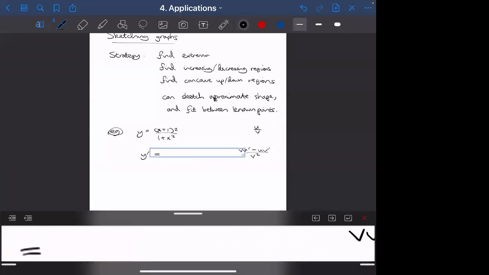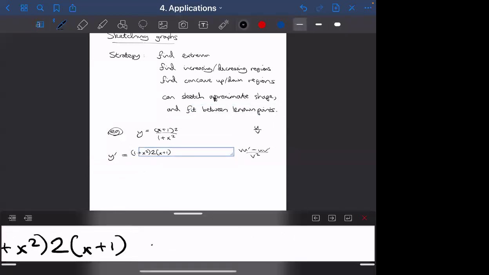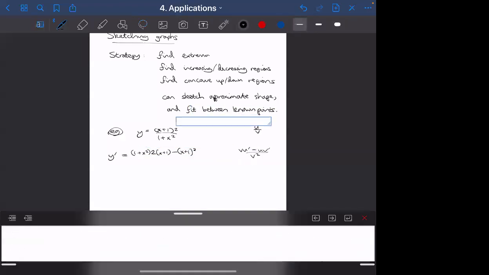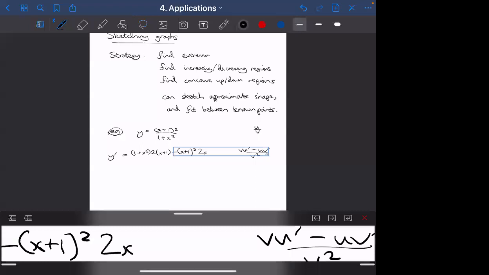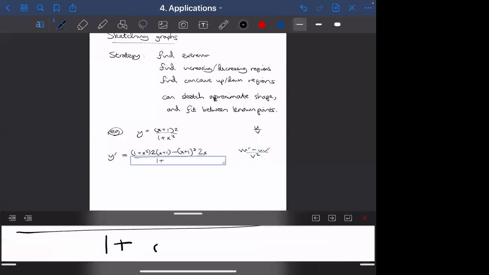So y prime is (1 plus x squared) times 2(x plus 1), chain rule, minus, this is going to be u v prime now, (x plus 1) squared times 2x, all over (1 plus x squared) squared.